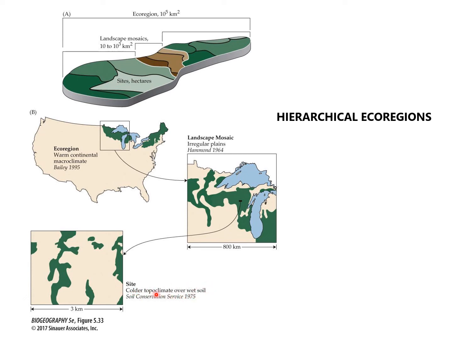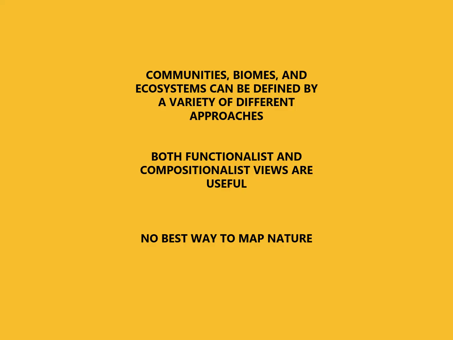So you're just getting finer scale information about what these things are. That's a classification scheme that is used. We may refer to things using this terminology a little bit, but for the most part we'll stick with biomes and communities.